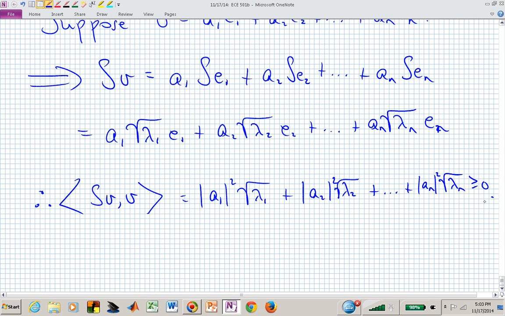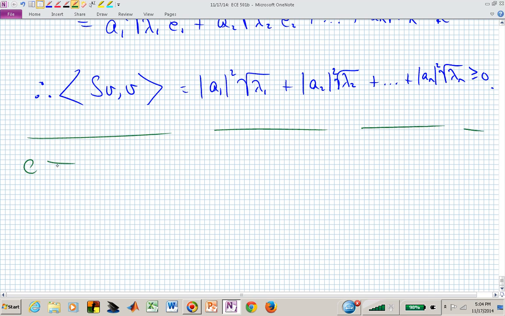So S is indeed self-adjoint, and it satisfies this non-negativity property of the inner product, and so S was also a square root, and now it's a positive square root. And we've built that up by construction. If we now need a positive square root, we know how to build one up.